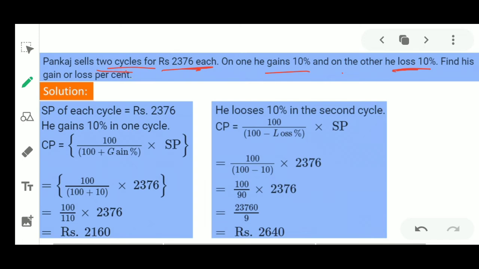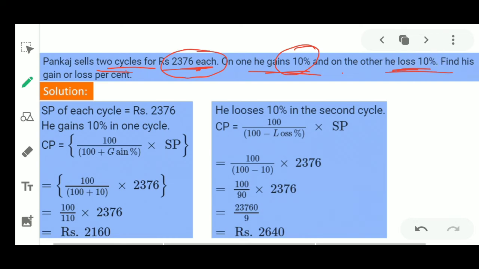So first we will find out the cost price of one cycle at 10% gain. Then we will find out the cost price of the other cycle at 10% loss.